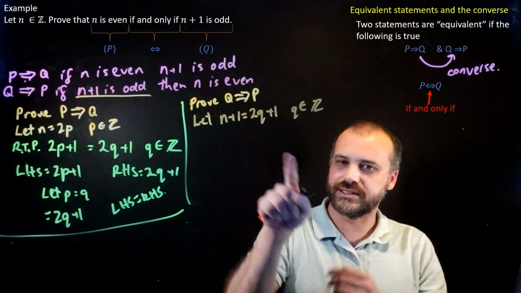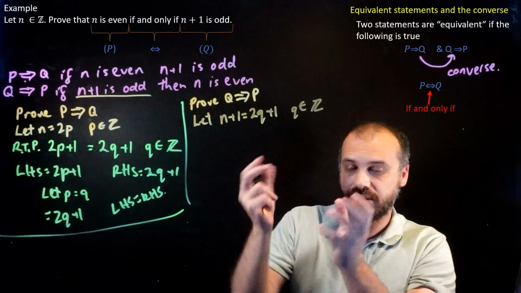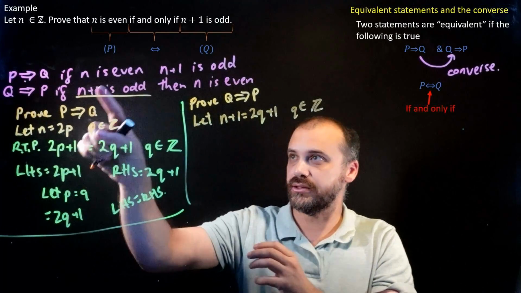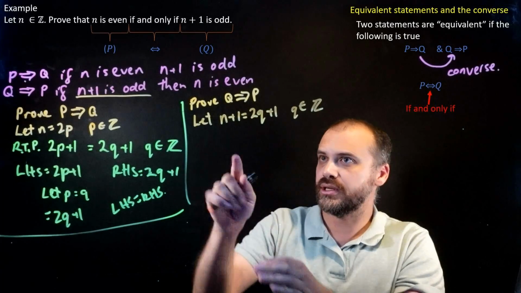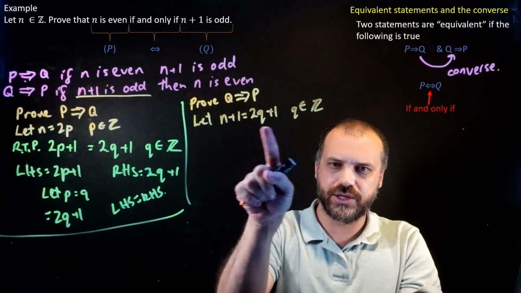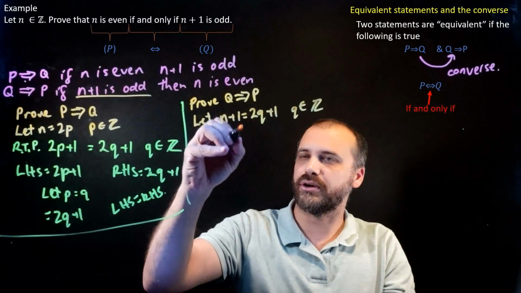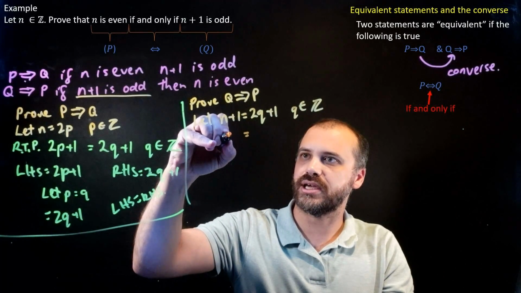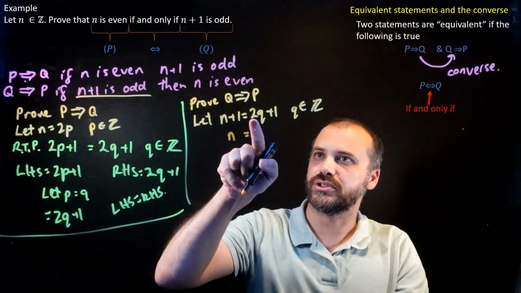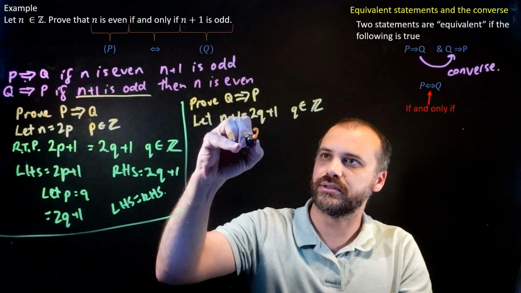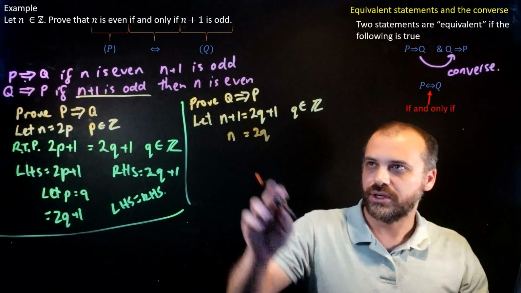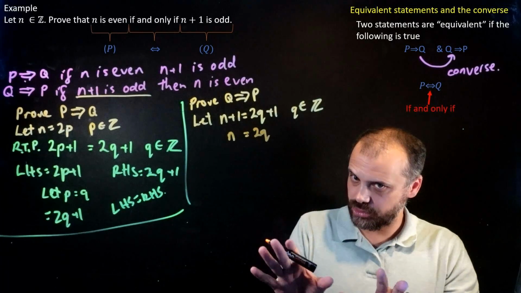And we haven't really done something like this before where our assumption, our hypothesis, is like an equation like this. But we can make our life a little bit easier by rearranging this to say that n is equal to 2q plus 1 minus 1, which is equal to 2q. You can rearrange your assumption, no problem there.